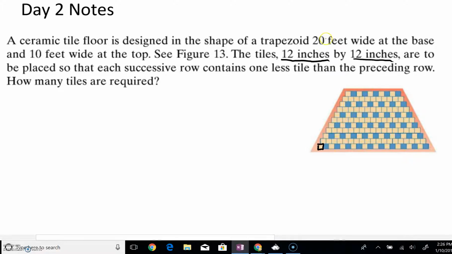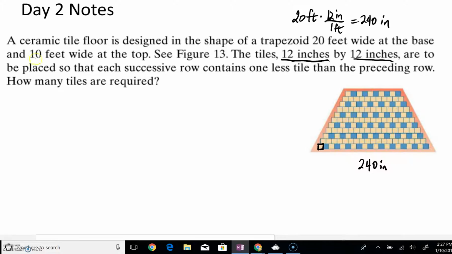Now, as we're looking at this, we've got 20 feet wide. Well, we know that there are 12 inches in a foot. So 20 feet, if we multiply by 12 inches per 1 foot, we'd have 240 inches. So we've got 240 inches of space that we're going to have to cover down below.